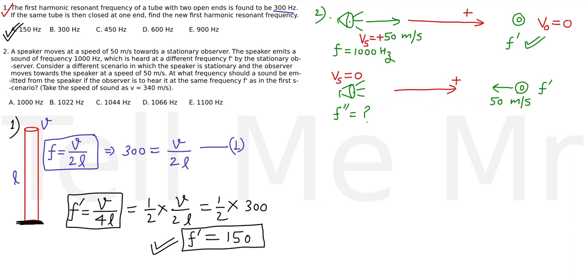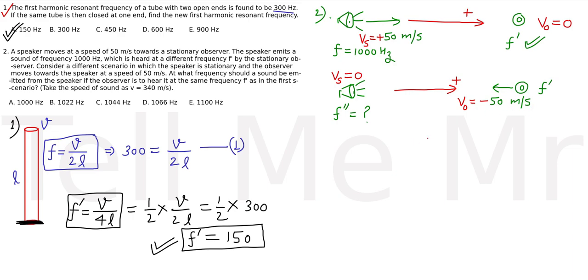If you notice here, it is moving opposite to this positive direction we have taken. So the velocity of the observer will be minus 50 meters per second, because the observer is moving from observer to source, and the positive direction has been taken from source to observer. These two are opposite, that's why we have taken the observer's velocity as negative 50 meters per second.